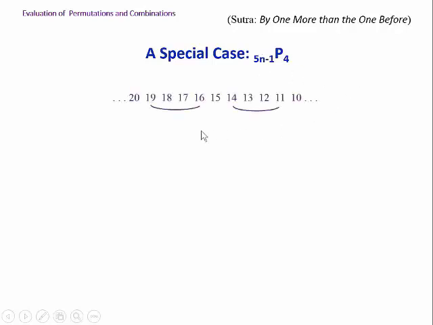So it's illustrated here. Here we've got 4 numbers running down from 1 below a multiple of 5. 19 is 1 below 20, 14 is 1 below 15, and there are 4 numbers. So multiplying 4 consecutive numbers like this is actually easy, and we'll take the 14P4 first of all, which is this one here. 4 numbers running down from 14.